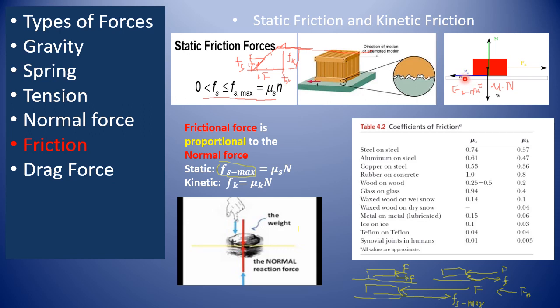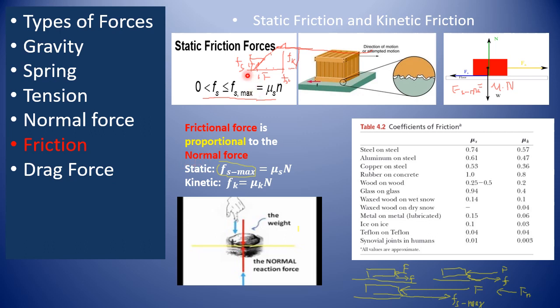The stronger the normal force, or the interaction between these two surfaces, the stronger the static friction and the kinetic friction. So it is expressed with this relation here. Static friction follows this relation.